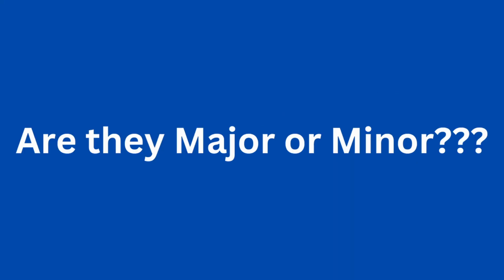Now, because these chords don't have the 3rd note of the scale in them, they are not major or minor. So their tonality is suspended. The chord is not major and the chord's not minor. It's kind of a, well, who knows? It's suspended, giving them quite a unique sound, and they are quite versatile.